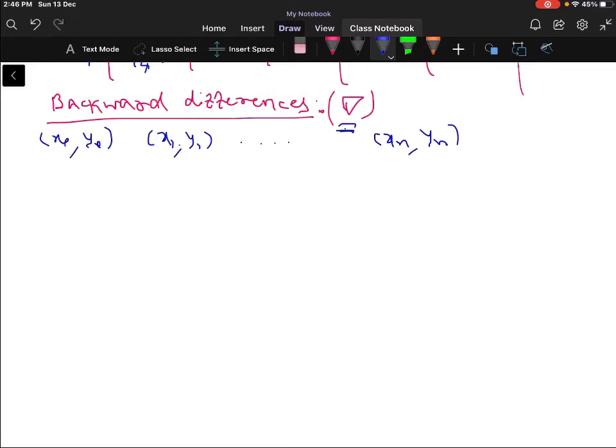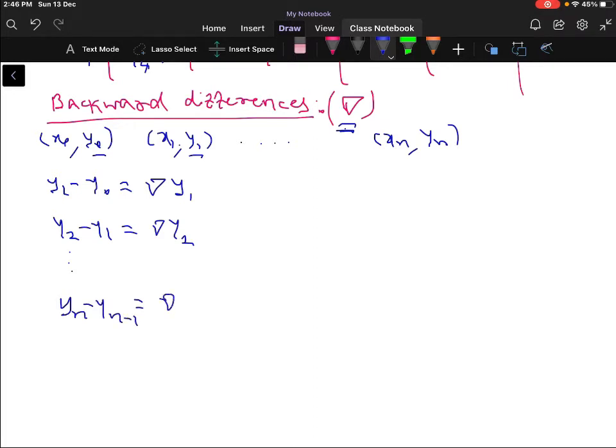The first backward differences are defined by y1 minus y0, that is nabla y1, y2 minus y1, that is nabla y2, and so on, yn minus yn minus 1, that is nabla yn.